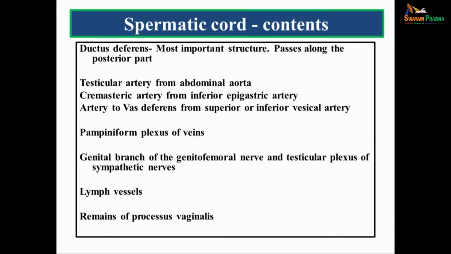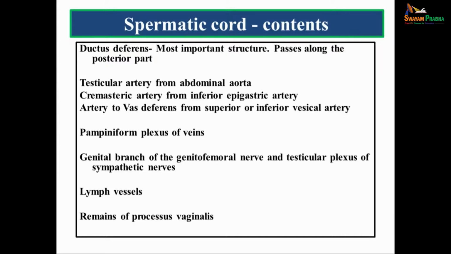The contents of the spermatic cord are very important. The most important content is the ductus deferens. Apart from the ductus deferens, there are veins, arteries and lymph nodes. The arteries include the testicular artery from the abdominal aorta, the cremasteric artery from the inferior epigastric artery, and the artery to vas deferens, which arises from the superior or inferior vesical artery. And also there is a plexus of veins which drain the testis, that is called the pampiniform plexus of veins.